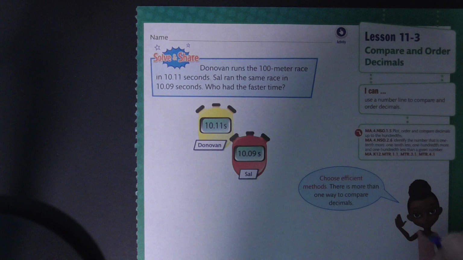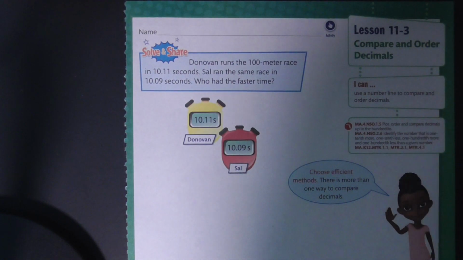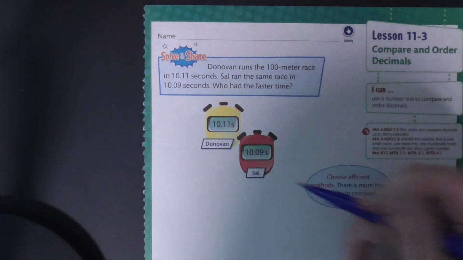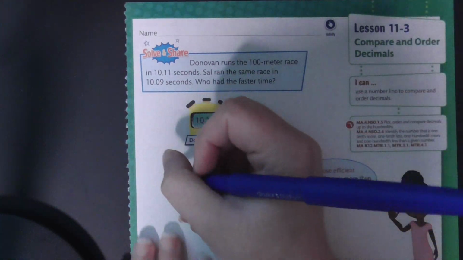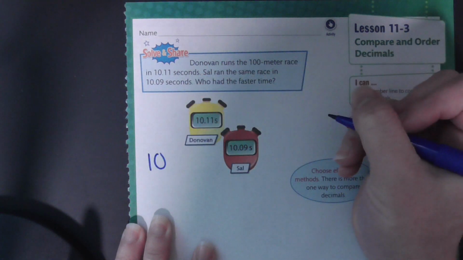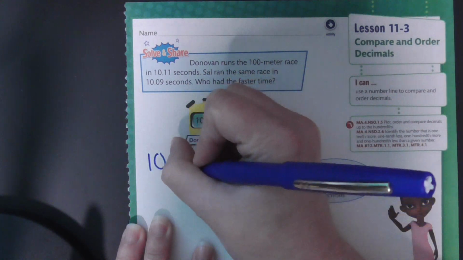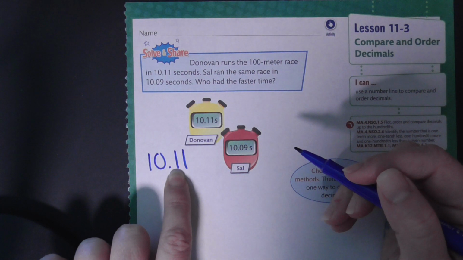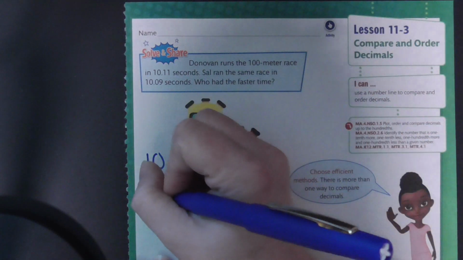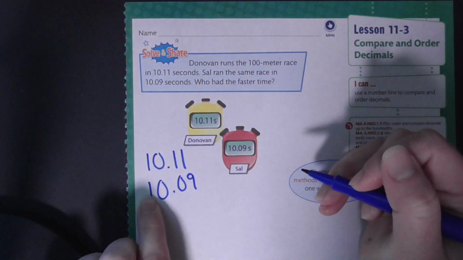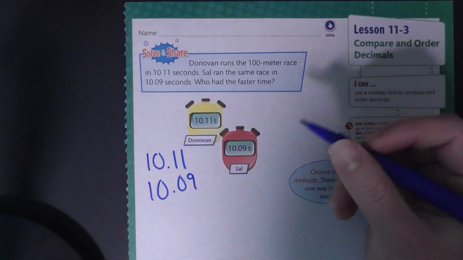Well, it says choose efficient methods. There's more than one way to compare decimals. So there are a couple of different ways that we can do this. The first one is just to look at the numbers. So Donovan has 10.11 hundredths, and Sal has 10.09 or 10.9 hundredths.